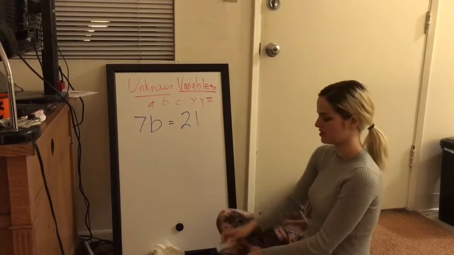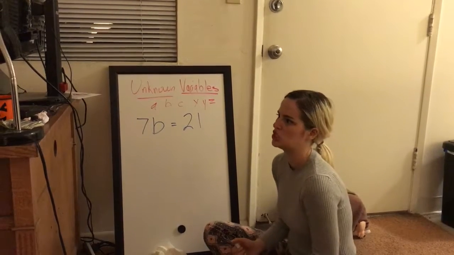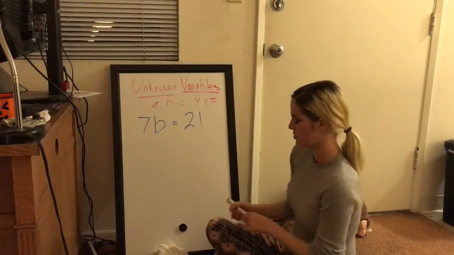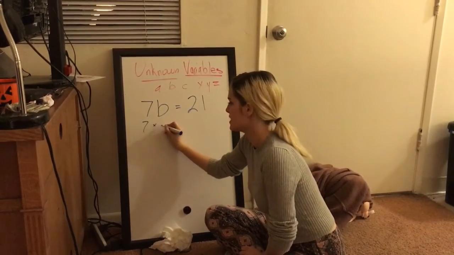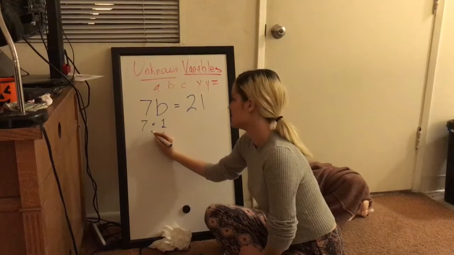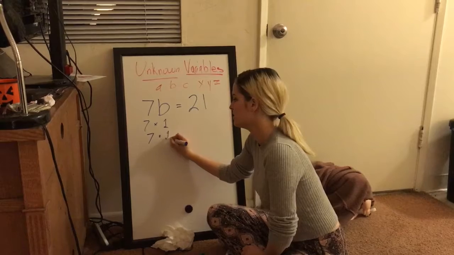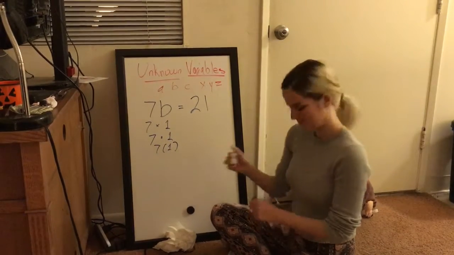This is multiplication. Now, how would you usually express multiplication, let's say 7 times 1? If you want to write that down, shoot at me. We put an X, or we can have a dot there. You could also use parentheses, right?